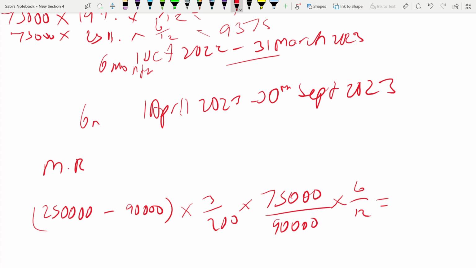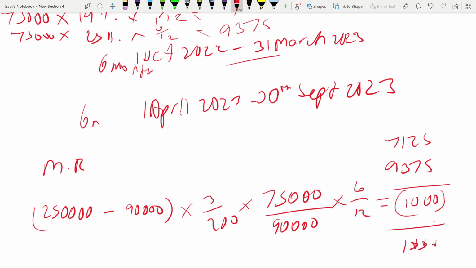Now it's 1,000 for the current year. So you have to add this 7125, I'm writing it here again, 9375, and the total is 15,500. This is the corporation tax liability.